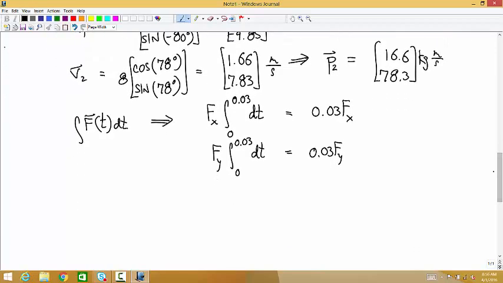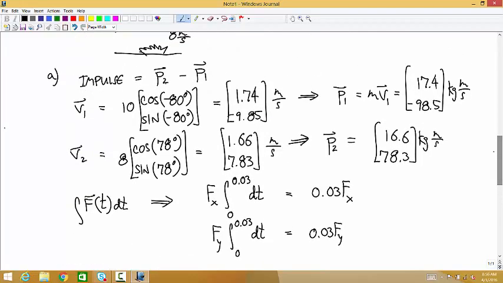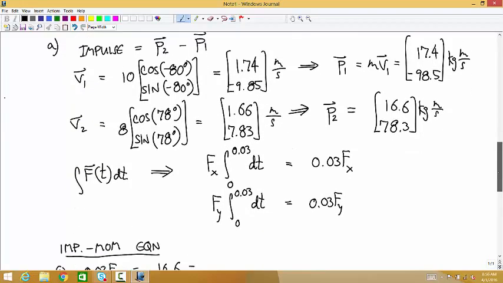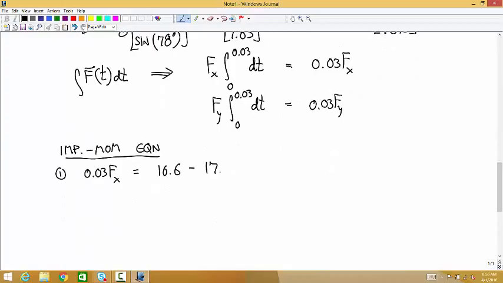And now we can use the impulse momentum equation. So the first equation says 0.03 Fx is equal to 16.6 minus 17.4. So what do you get for Fx?